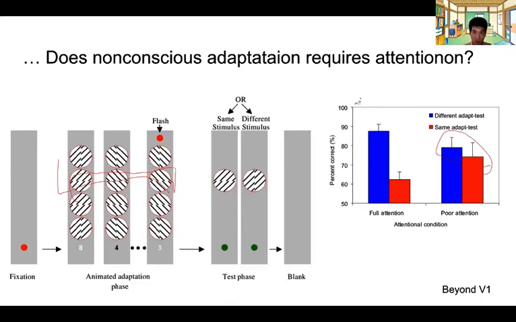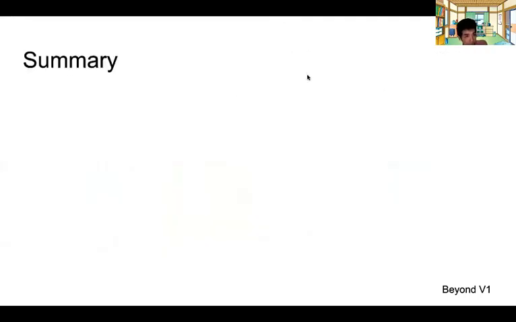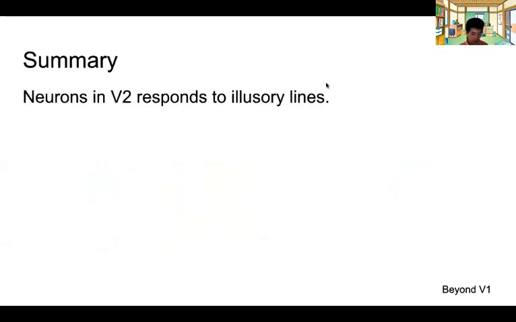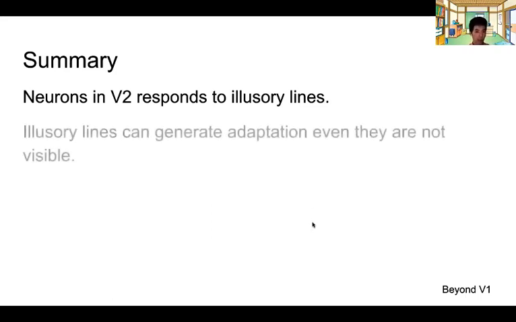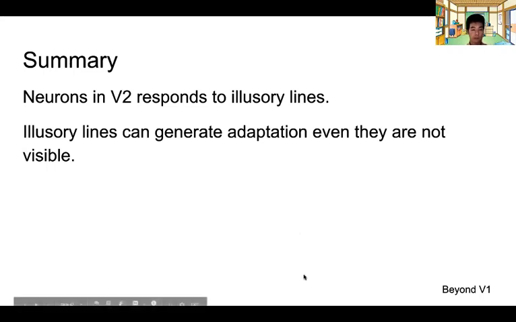This is a bit complicated logic, but here's a summary. First of all, neurons in V2 seem to respond to illusory lines, and that has been replicated a lot across monkeys and humans using fMRI. Also, illusory lines can generate an adaptation effect even though they are not visible, based on crowding.